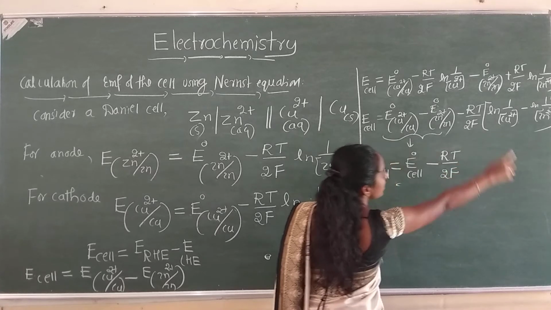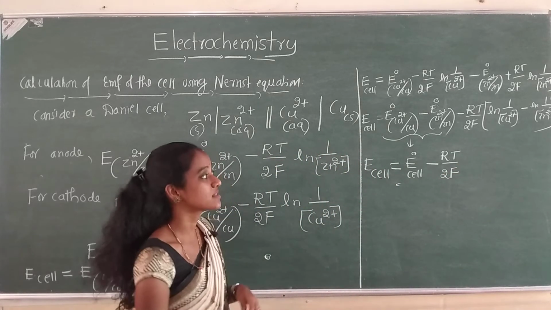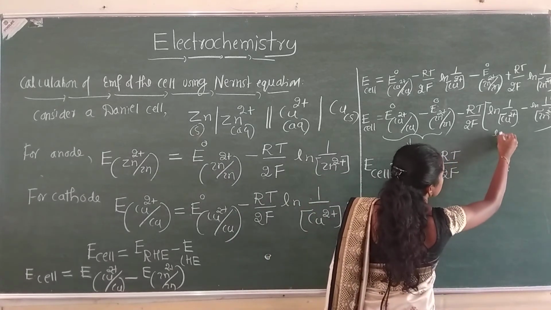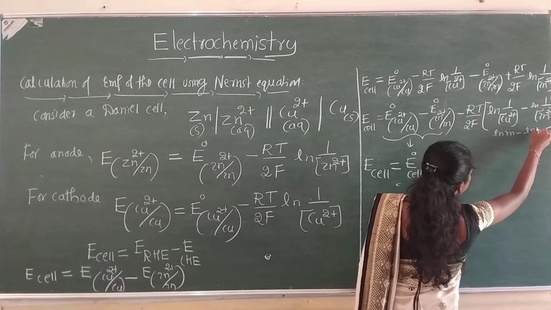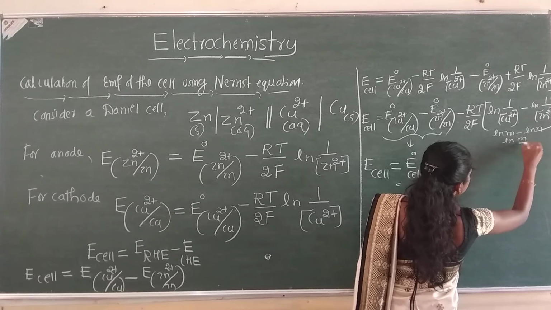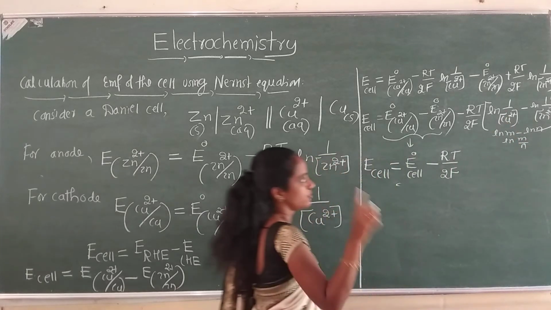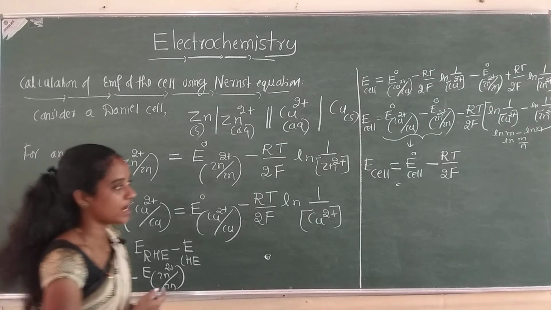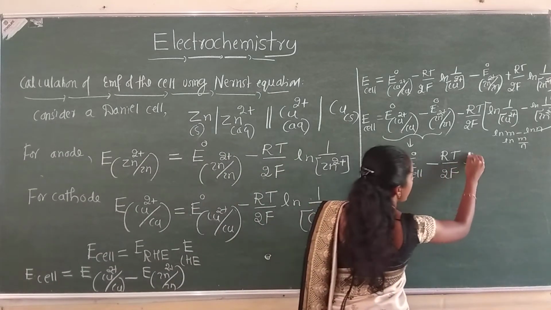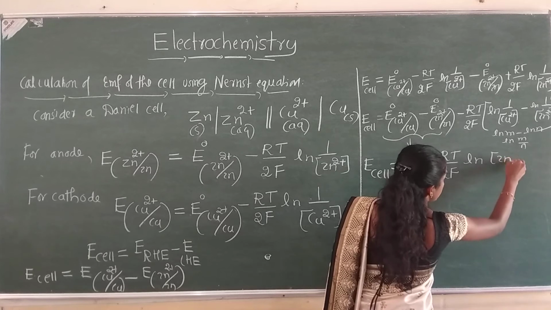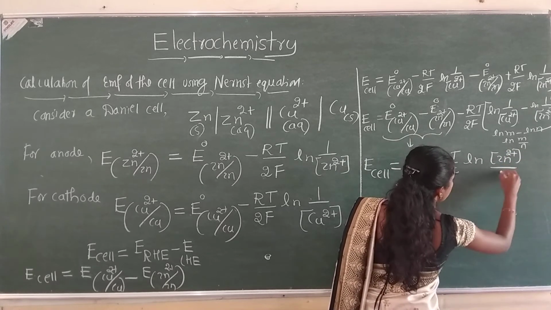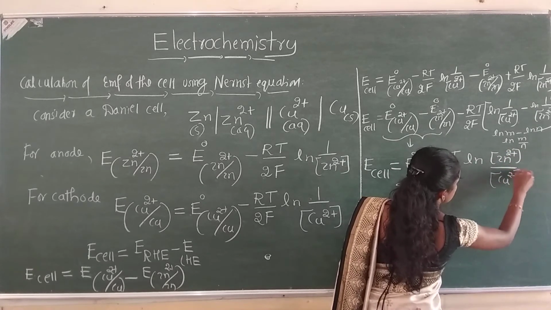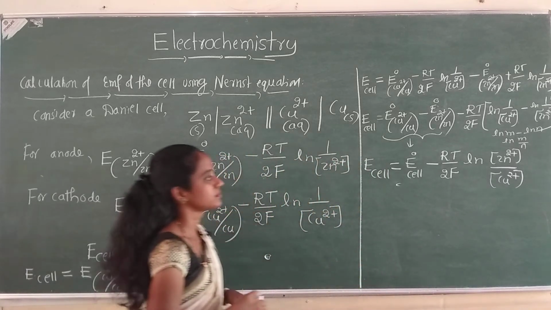This is of the form ln m minus ln n. You can write ln m divided by n. So ln 1 by Cu2+ whole divided by 1 by Zn2+ becomes ln Zn2+ divided by Cu2+.